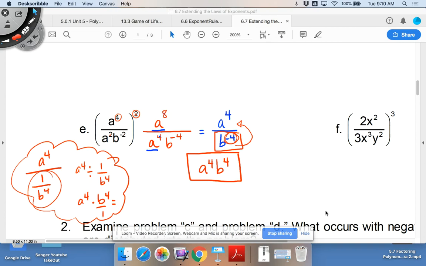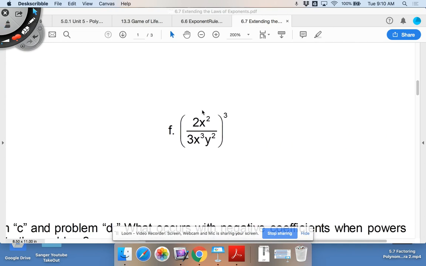Okay. So good now. On F, we have a fraction, and it has the power rule as well. So remember, when I have an actual coefficient, the coefficient gets the power also. So just for our notes, we'll go 2 to the third power, x to the 2 times 3 is 6, over the coefficient of the bottom also gets it, so 3 to the third power, and then the power rule says 3 times 3 is 9.